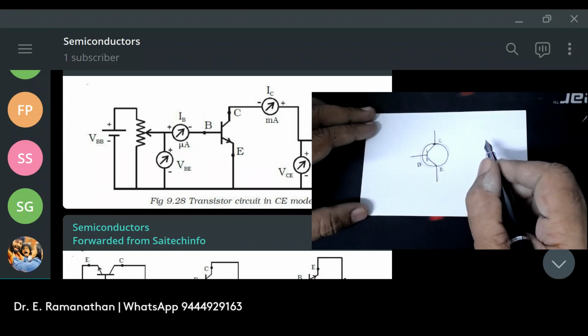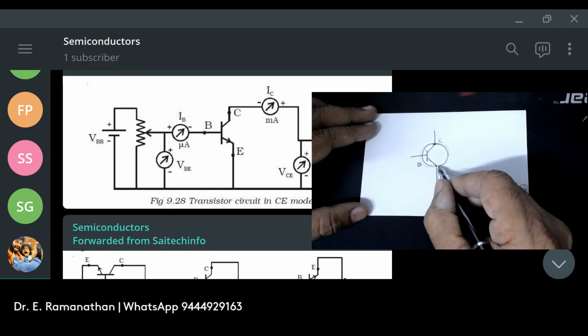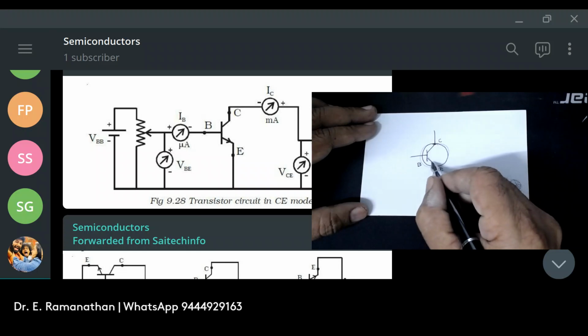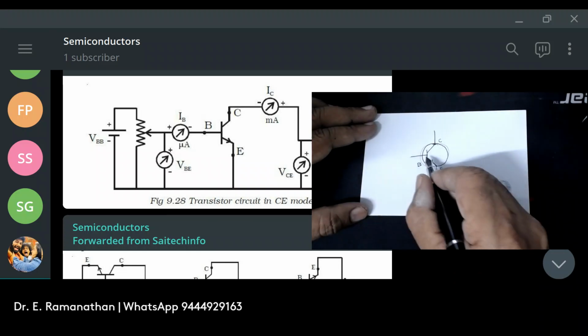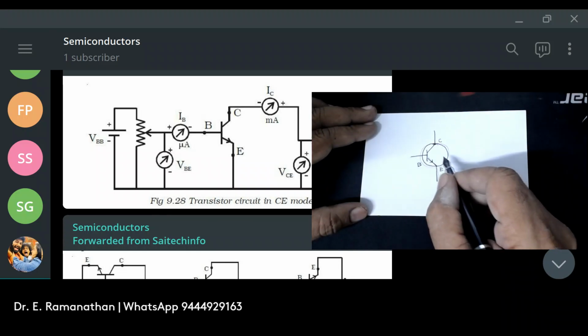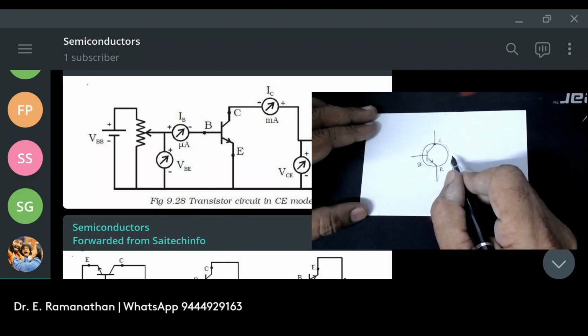You know, the direction of current is opposite to the direction of electrons. Suppose if the negative charge carriers are emitted towards the base, that is E to B, then the current should be indicated in the reverse direction. So you can easily identify the type of transistor, whether it is a NPN or PNP.